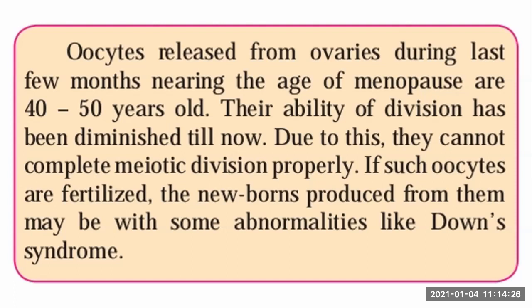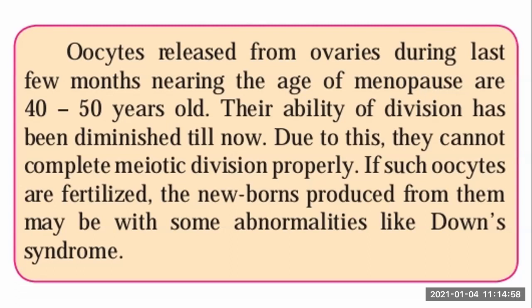Oocytes released from the ovaries during the last few months nearing menopause are 40 to 50 years old. Their ability of division has diminished, so they cannot complete the meiotic division properly. If such oocytes are fertilized, where their meiotic division capacity is lowered, then, as we know, during fertilization this meiotic process gets completed.